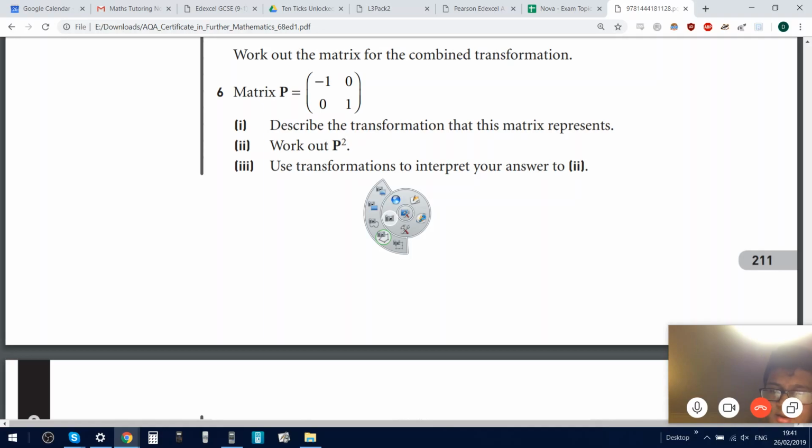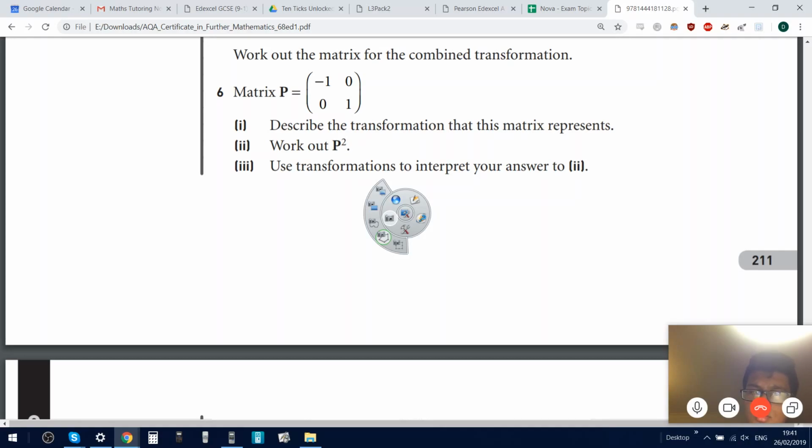Same. You've got 1, 0, 0, 1. Okay, so p squared. And then interpret your answer. Does that mean it stays in the same place? Because if you multiply anything by the unit square, it remains in the same place. So it went back to 1, 0, 0, 1.